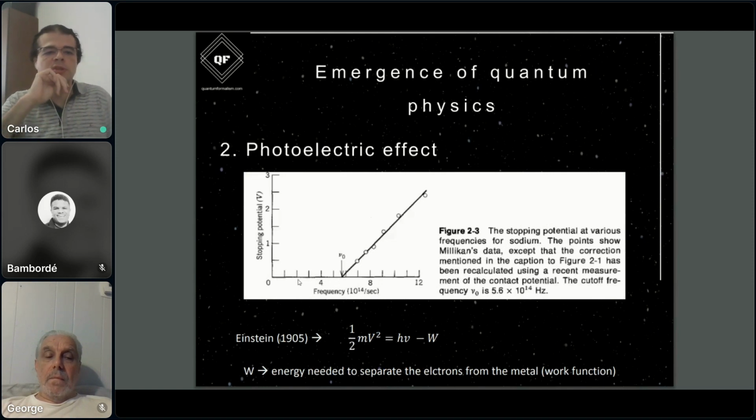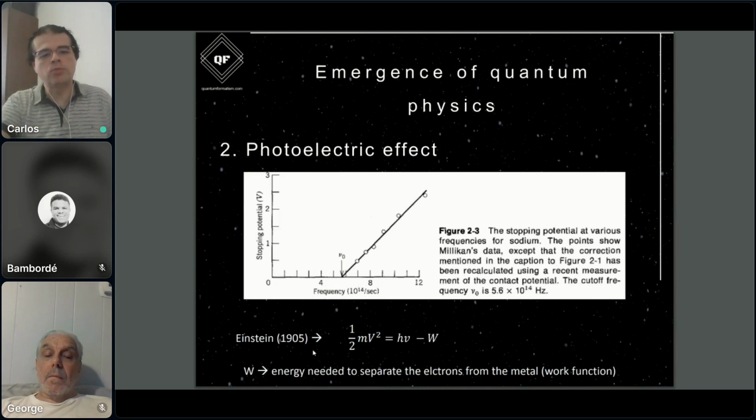No electron was emitted. But for a frequency bigger than this, 5.6, you have these small white balls here. This is the emission of the electrons.